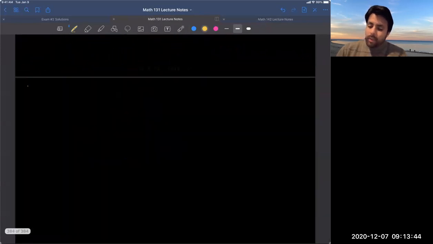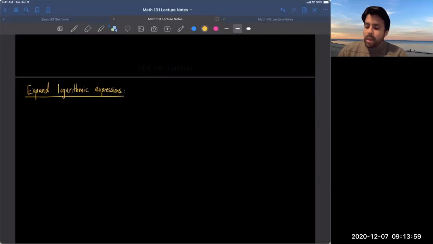Okay, so quickly, since this is combining into single logs, what if we want to do the opposite? Expand logarithmic expressions. What if I want to expand?